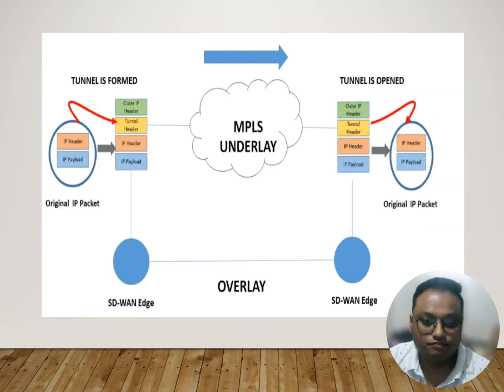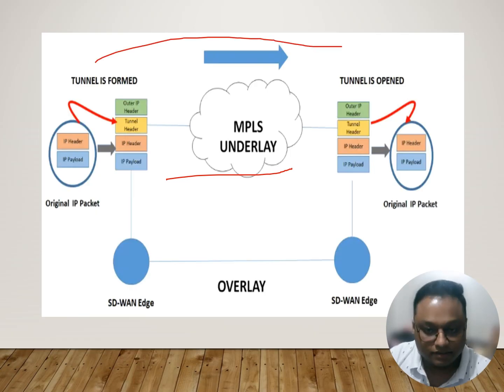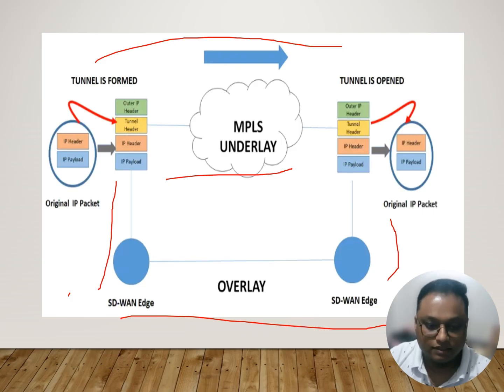Okay, so on this slide we'll see how this overlay network is formed over the underlay. In this picture you can see this is the MPLS underlay path that we have, and over that a tunnel or overlay path is being created. These are the edge devices, one at one location and another at another location, and how the overall connectivity works we'll discuss here using the following example.